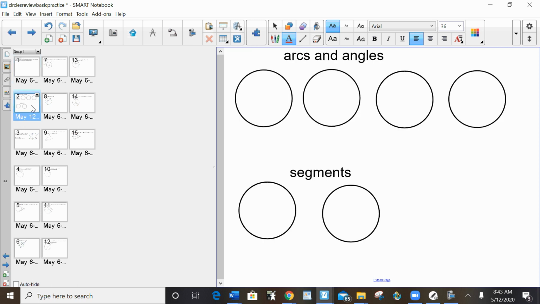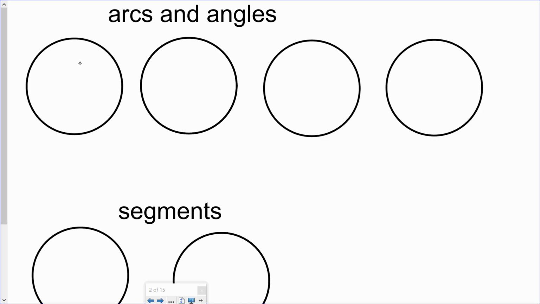So let's start with our arcs and angles. For angles, if the vertex is at the center of the circle, it's called a central angle, and the central angle is equal to the intercepted arc.